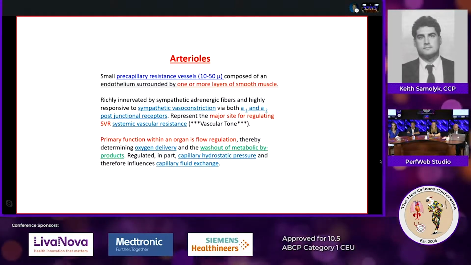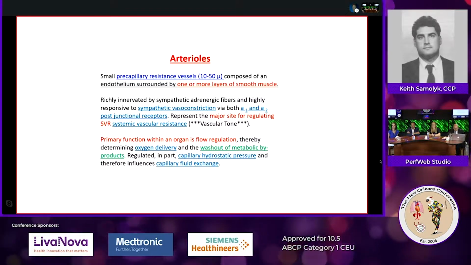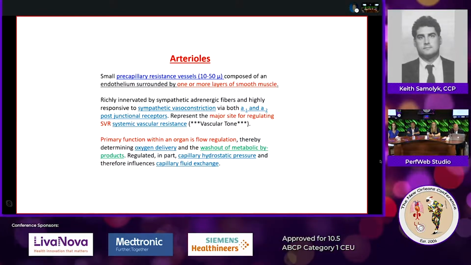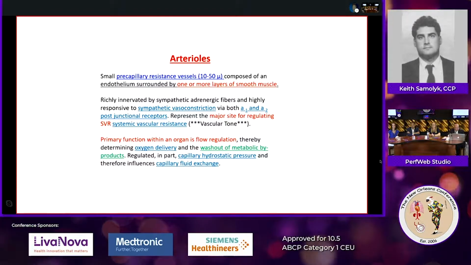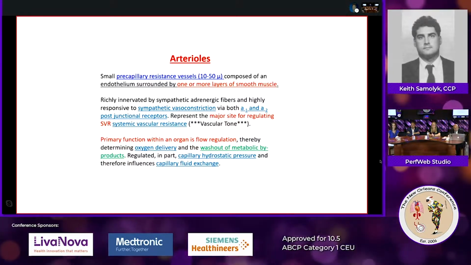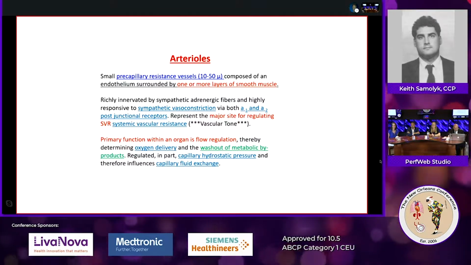Arterioles have the precapillary resistance vessels. They're 10 to 50 microns, and they're surrounded by smooth muscle. That creates our SVR, our vascular tone. It's richly innervated by both alpha-1 and alpha-2. It's a major site, as I said, for regulating the systemic vascular resistance or vascular tone.